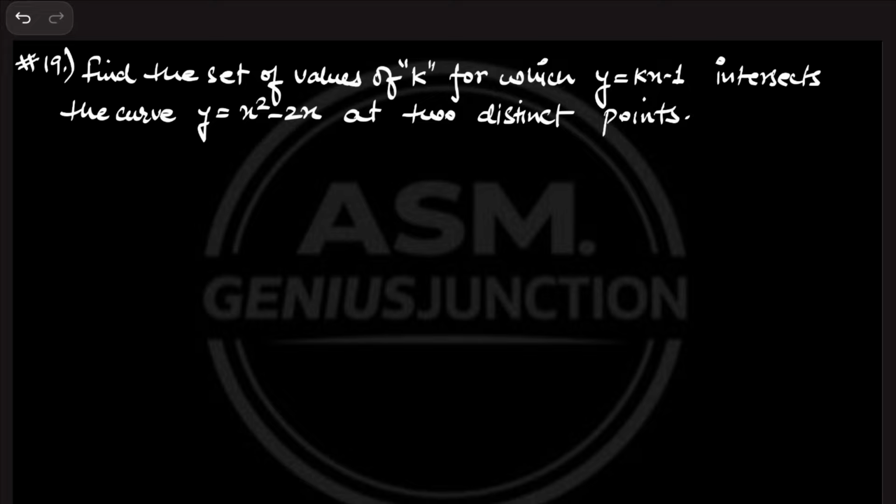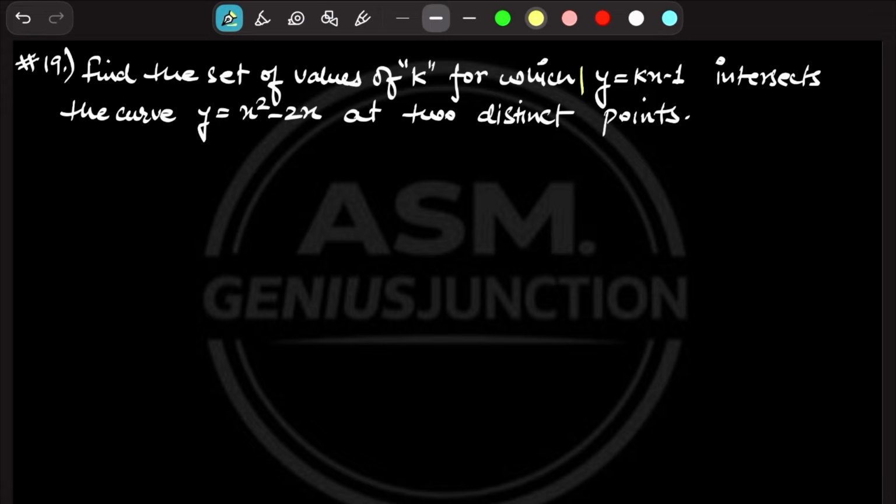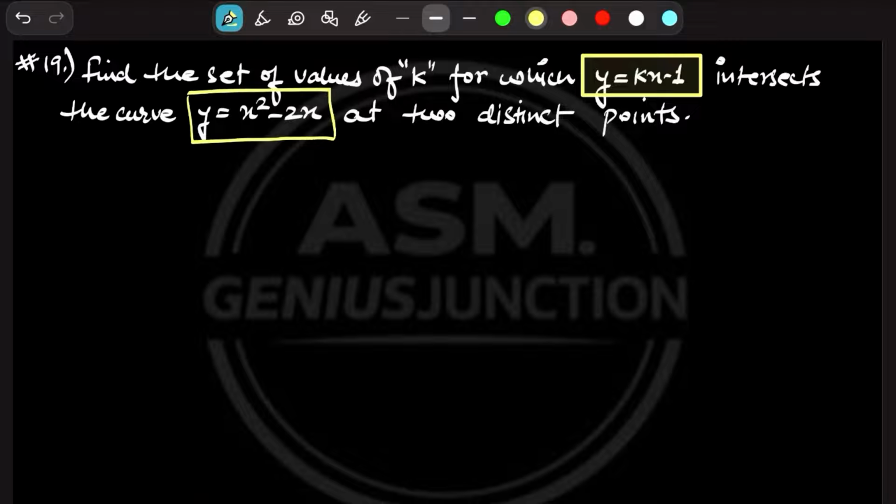Yes, so this question says: find the set of values of k for which y equals kx minus 1 intersects the curve y equals x square minus 2x at two distinct points, right? So what we are going to do, first of all, let's quickly write down the solution of 19.